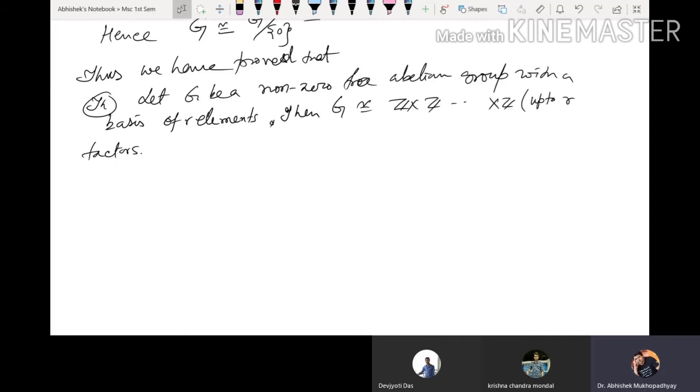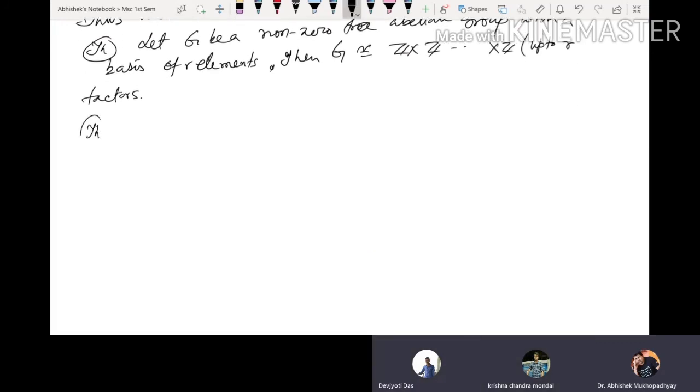Now the question is: does every basis of G have the same number of elements? This is the question. The theorem says that yes, the same number of elements.